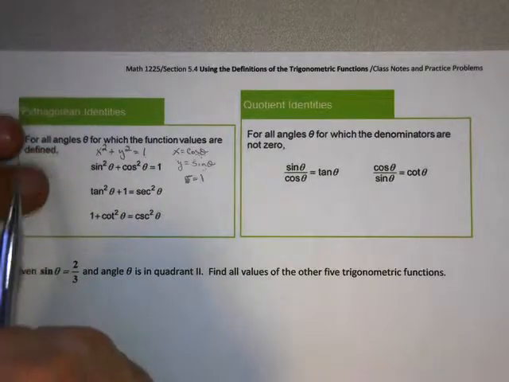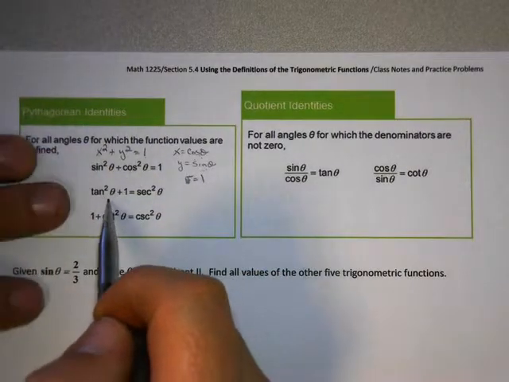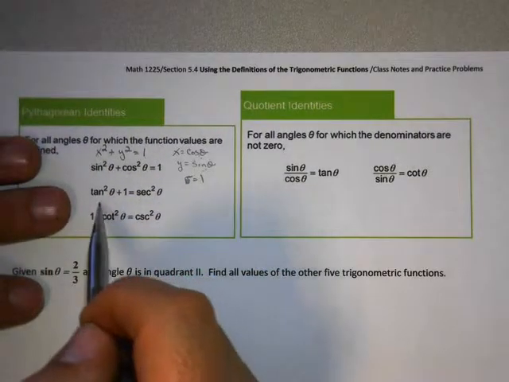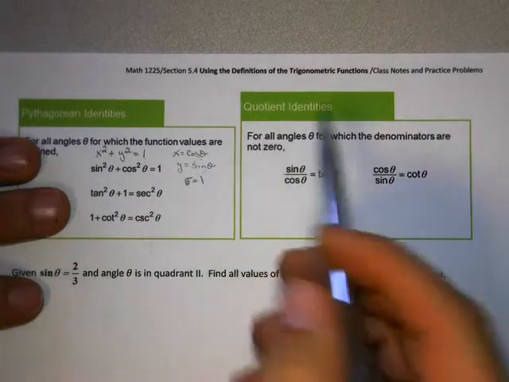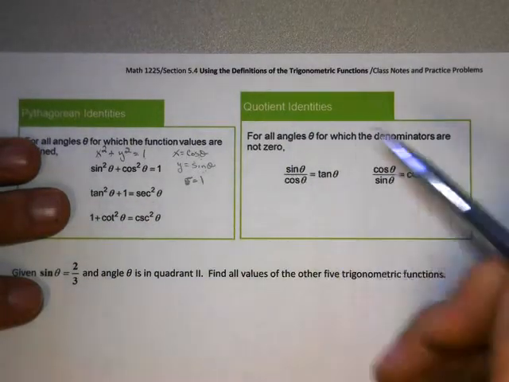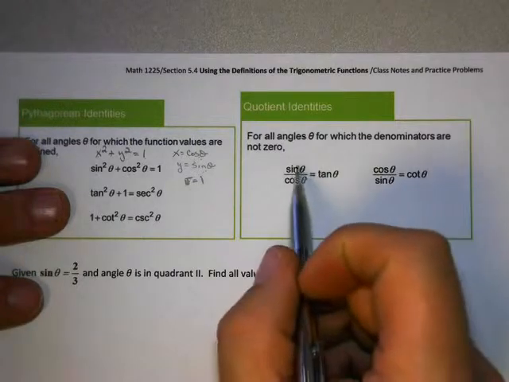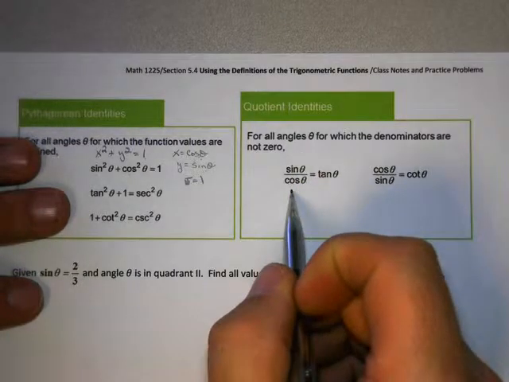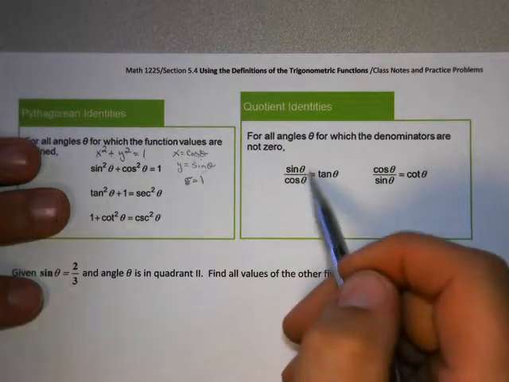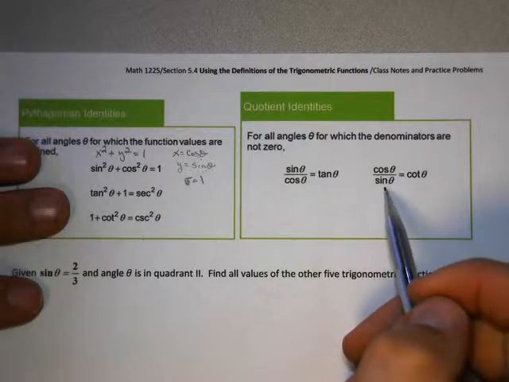To find these other Pythagorean identities, we're going to need the quotient identities, which is tan theta is the same as sine theta over cosine theta, and the reciprocal of that, cosine theta over sine theta, equals cotan theta.